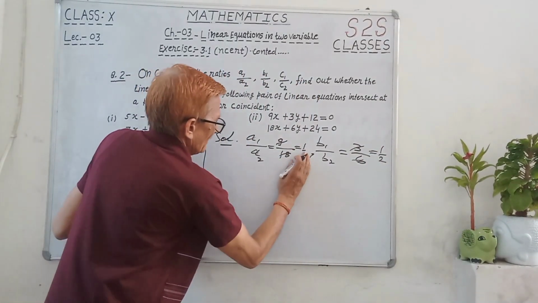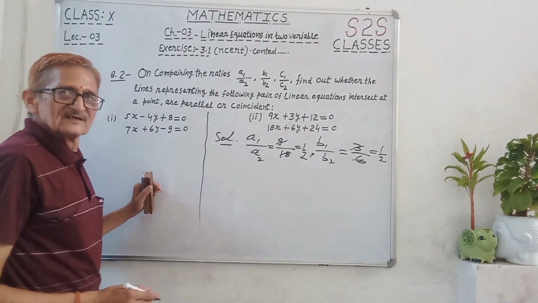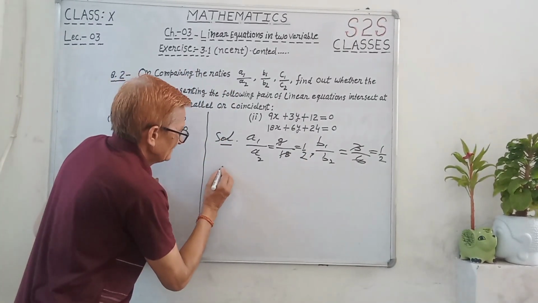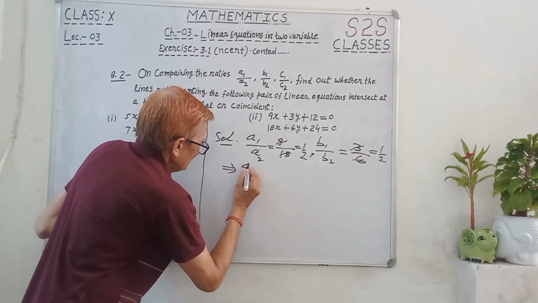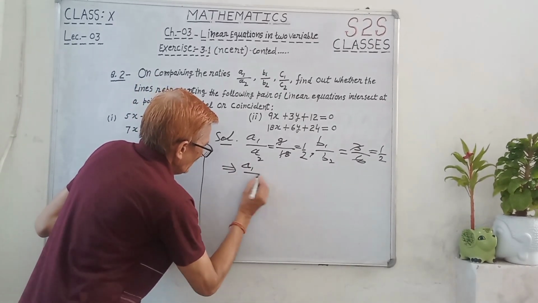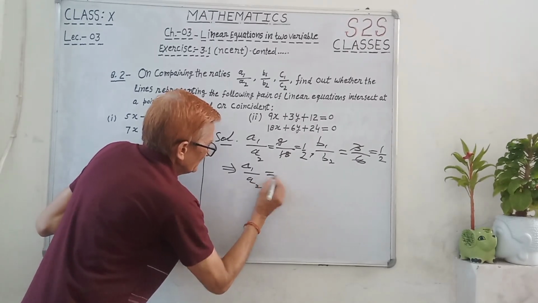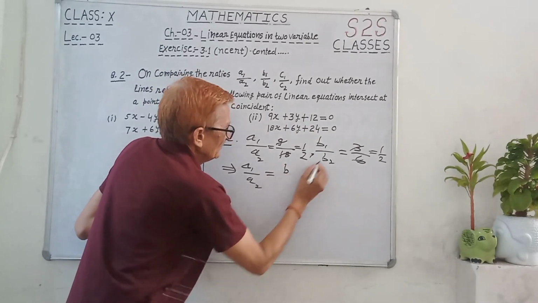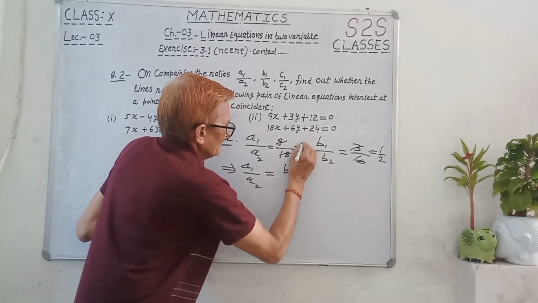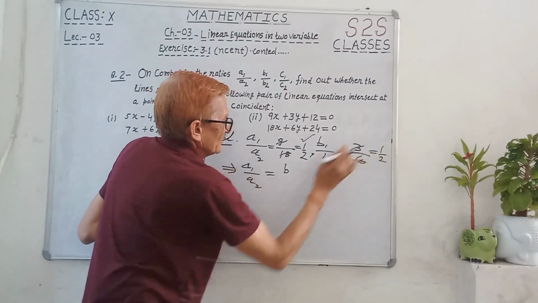So it means here, observe, this implies A1 upon A2 ratio is equal to B1 upon B2 ratio, because this is 1 upon 2, this is also 1 upon 2.